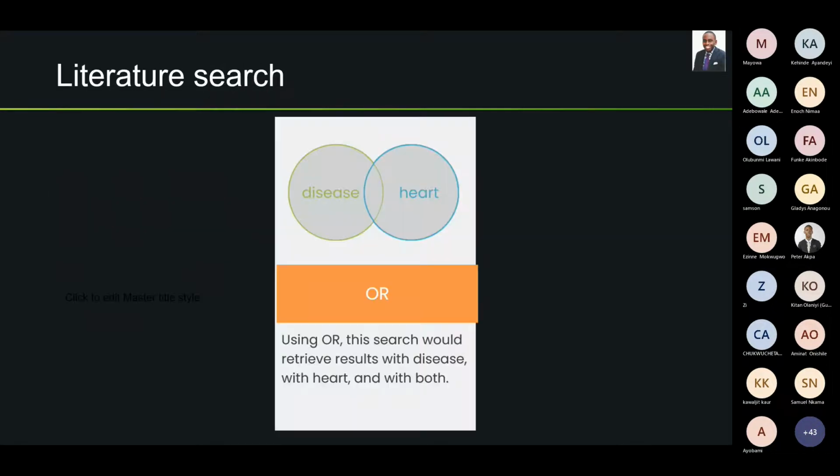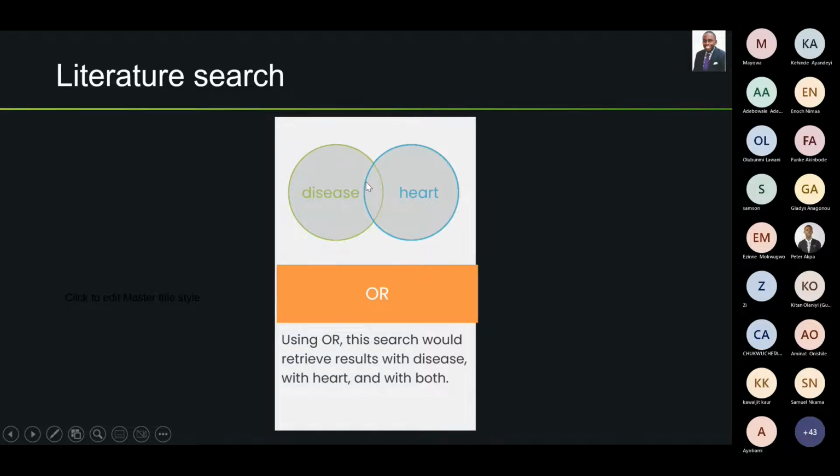So let's go to this now. Your literature search strategy. There are two major keywords that we use in literature search. The first one is OR. OR is an expander. So when you say, for example, obesity or mental health, it means that the database, the search engine, will retrieve all articles that talk about either.